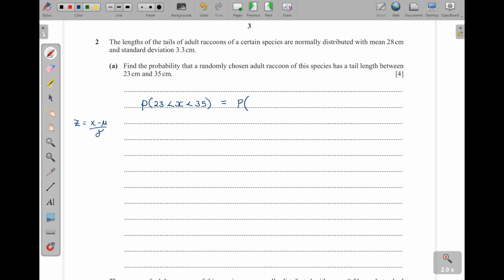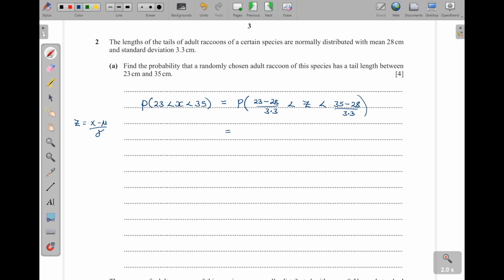So I'll put probability of this is 23, then minus the mean, which is given as 28, then divide by the standard deviation at 3.3, then less than. Now where there is x, we put z. Then this one is going to be 35 minus the 28, then again divide by 3.3. Okay, then I can simplify this.